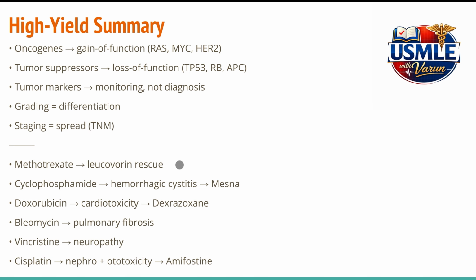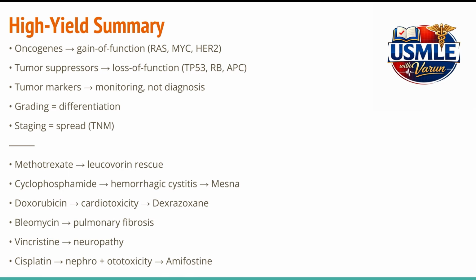Now, let's quickly summarize this module. Oncogenes are the genes that arise from a gain of function mutation of the proto-oncogenes. A few of them are RAS, MYC, and HER2. Whereas tumor suppressor genes, whenever they undergo a loss of function mutation, there is inhibited apoptosis, and examples of those tumor suppressor genes include TP53, RB, and APC.